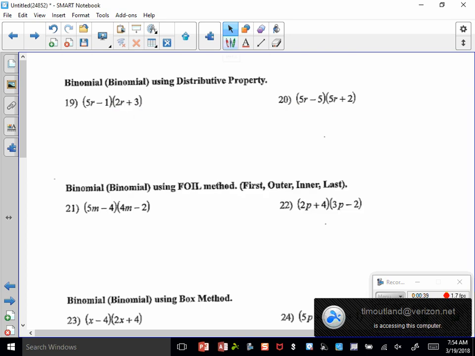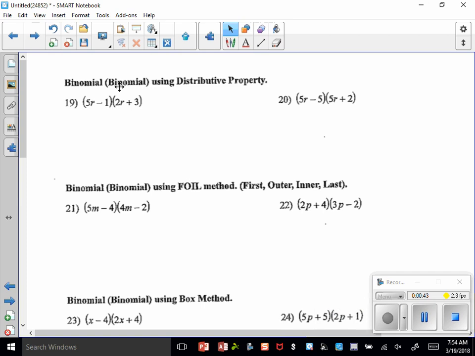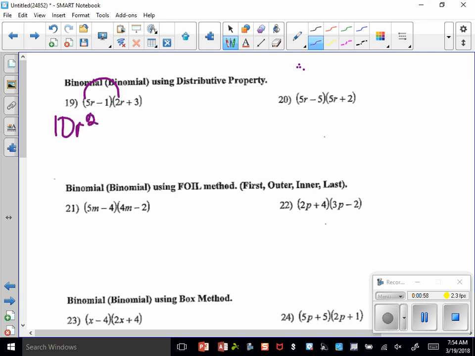All right, so we're going to take this 5r, the first term, and we're going to multiply it by the 2r. So I'm just going to distribute that. So that's going to give me 10r squared. And then I just multiply the 5r times the 3.